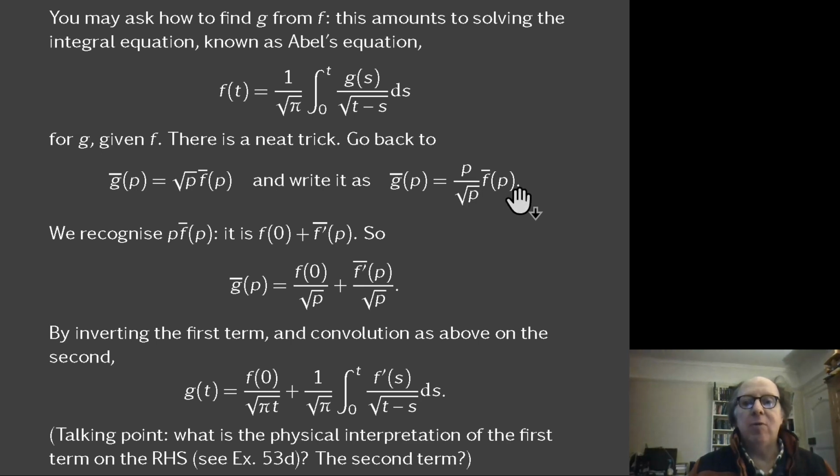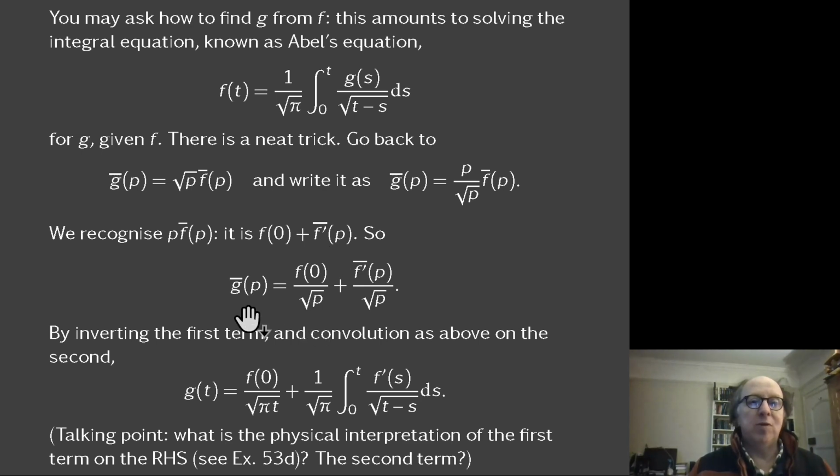And then we say, okay, we know what p f bar is. p f bar is what we see when we take the transform of the derivative of f. We take the transform of f prime, we get p f bar minus f of 0. So p f bar is f of 0 plus the transform of f prime.